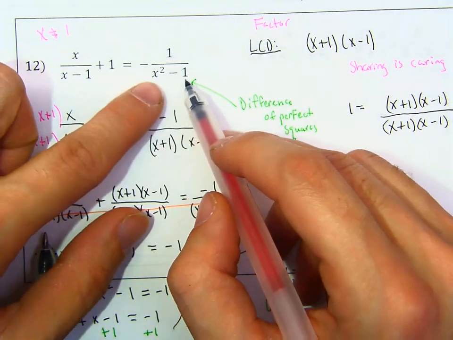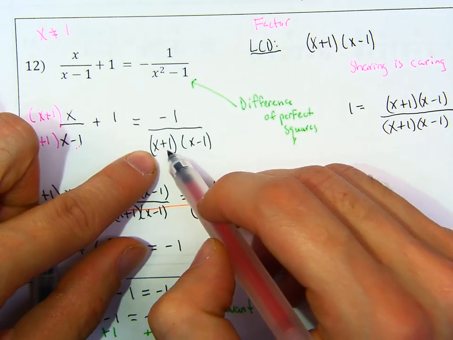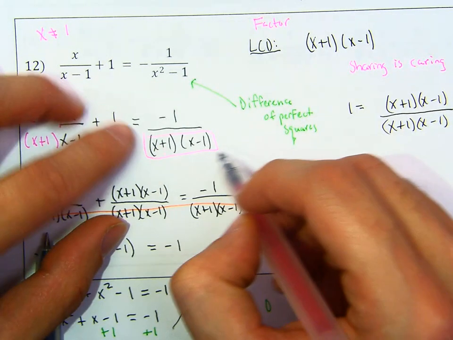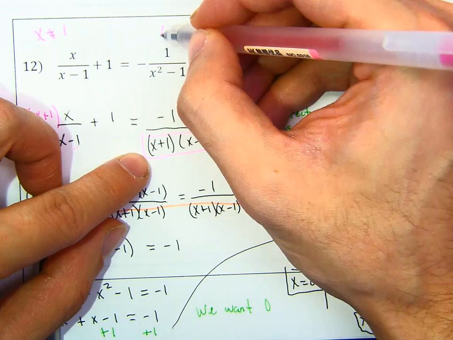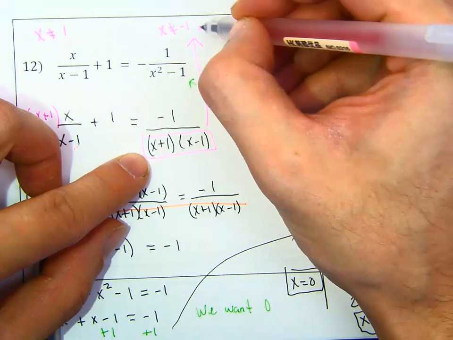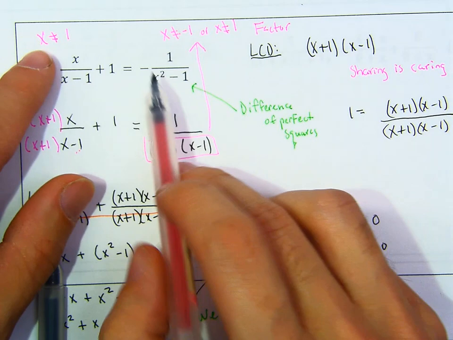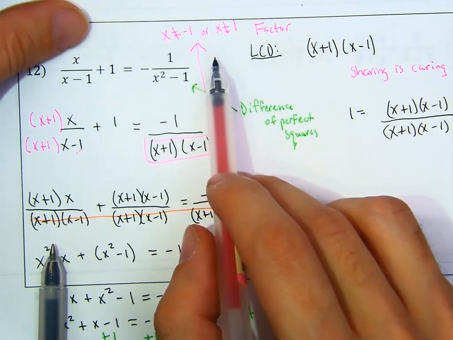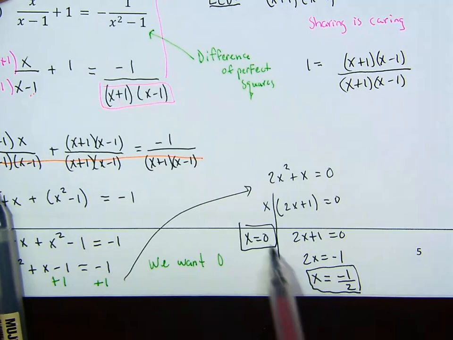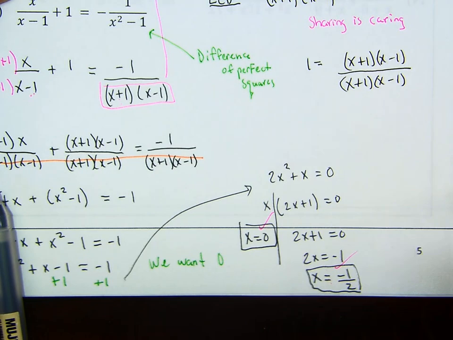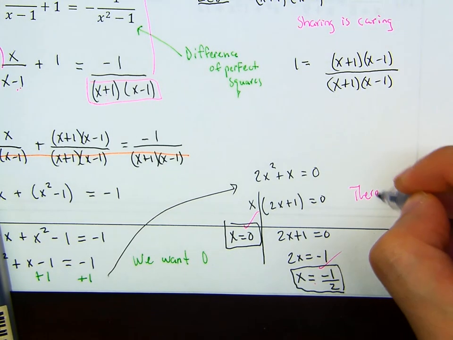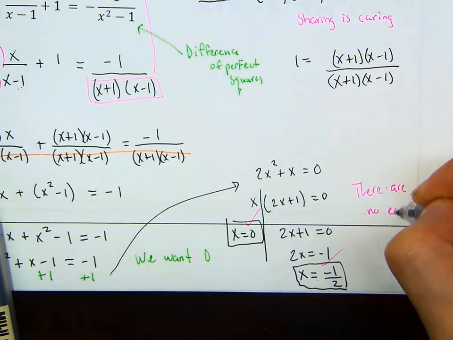When you look at this over here, notice that it has x plus 1, x minus 1. So here, x cannot be negative 1 or x cannot be 1. So here, this is what x cannot be: 1 or negative 1. So over here, you're allowed to use these. There are no extraneous solutions.